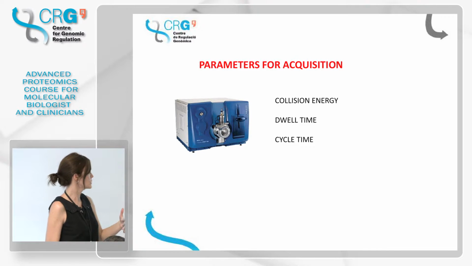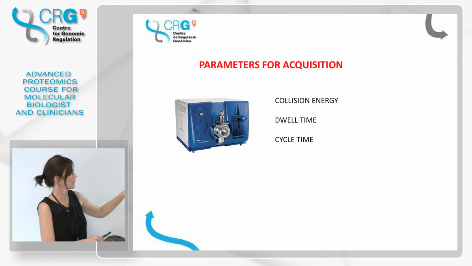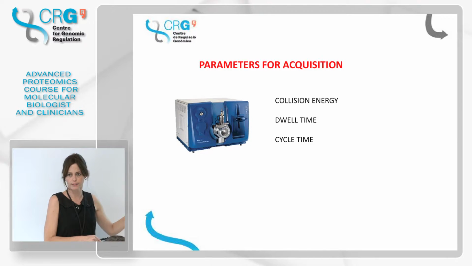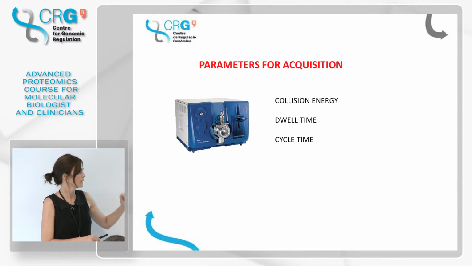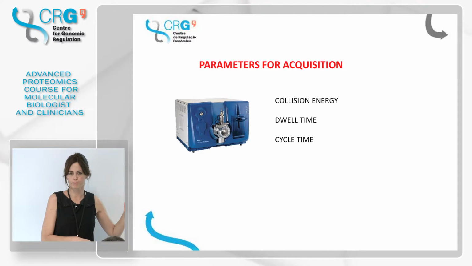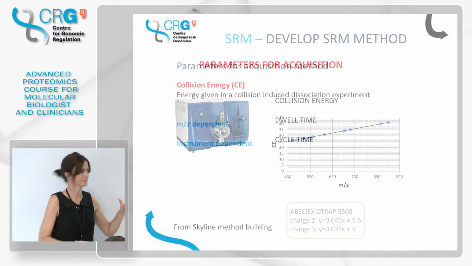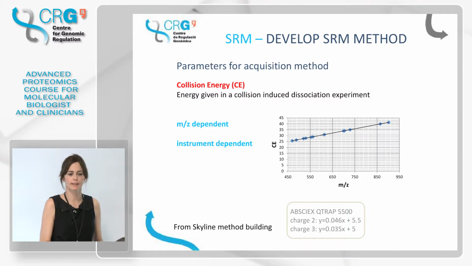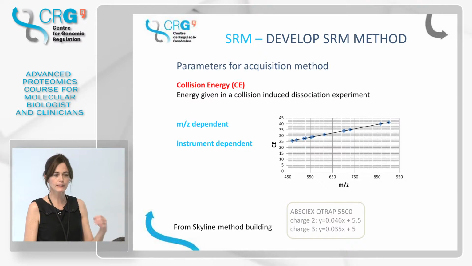After you do the acquisition, now we're going to talk about which parameters you need to acquire the data, which are the collision energy, the dwell time, and the cycle time, again. The collision energy is the energy that we give to the peptide so it fragments. This depends on the method of fragmentation, and on the instrument also.